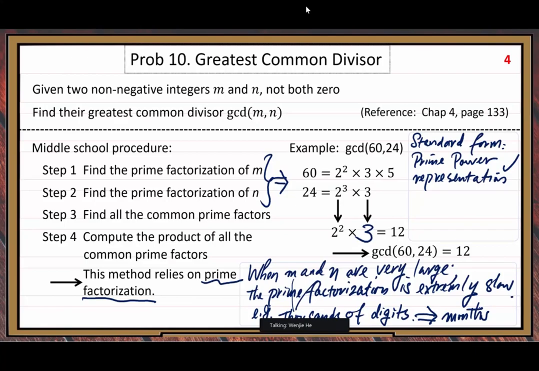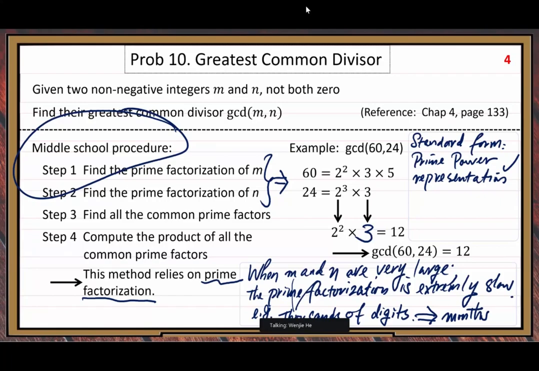So you can imagine, we cannot rely on the prime factorization operation. It is extremely slow for huge integers. So in real world applications, nobody wants to use this method.